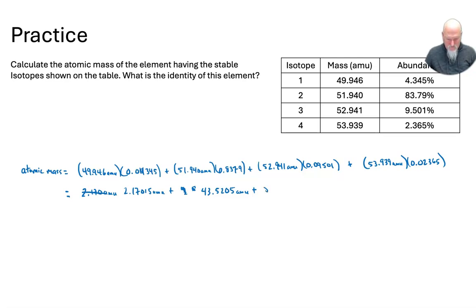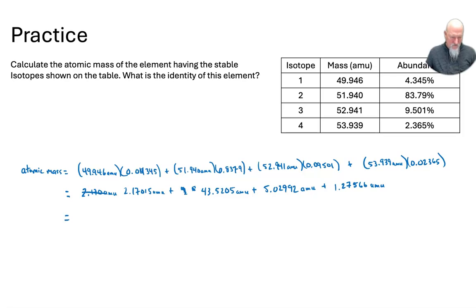So 5.02992 AMU, plus 53.939 times 0.02365 is 1.27566 AMU.